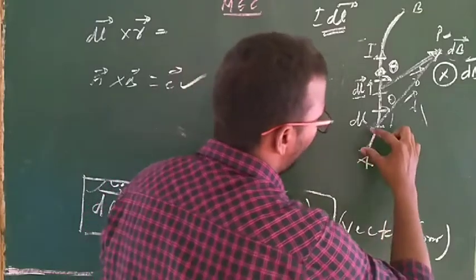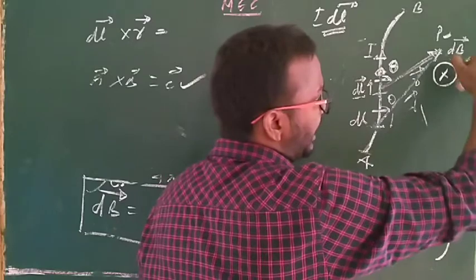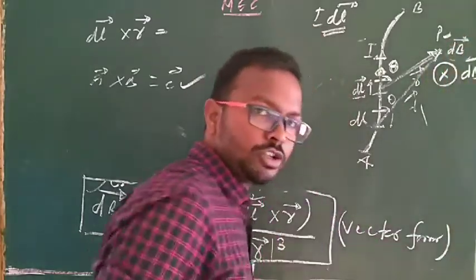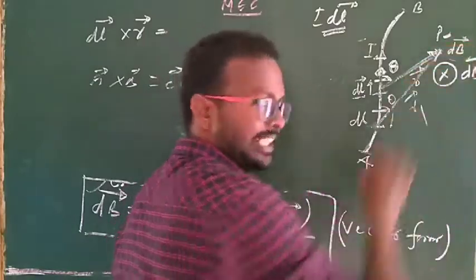So due to all the small elements of the current carrying conductor, the total magnetic field is in inward direction, so we can integrate it easily, because all the vector quantities are in one direction.